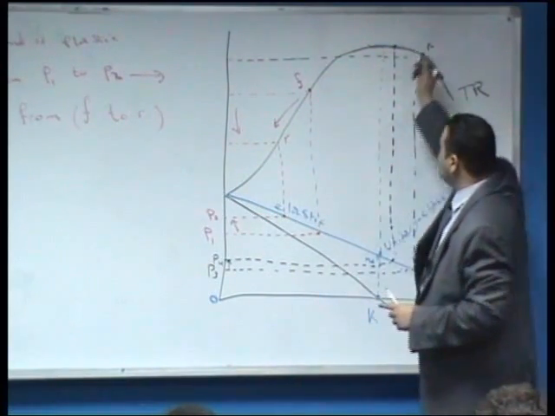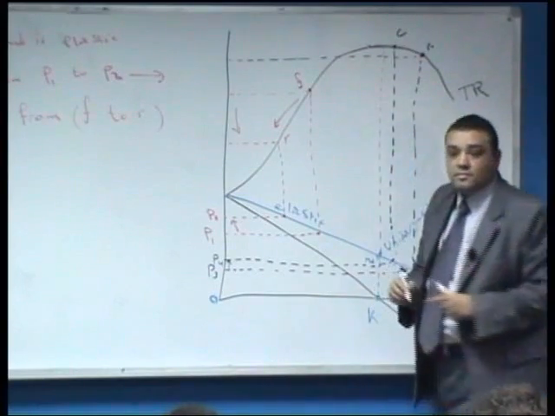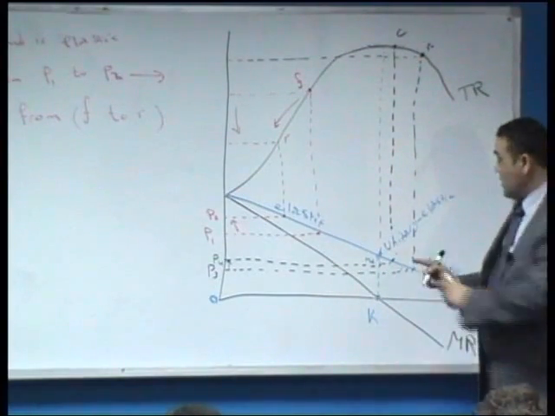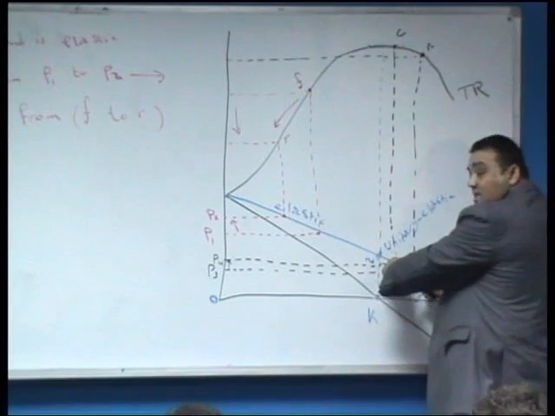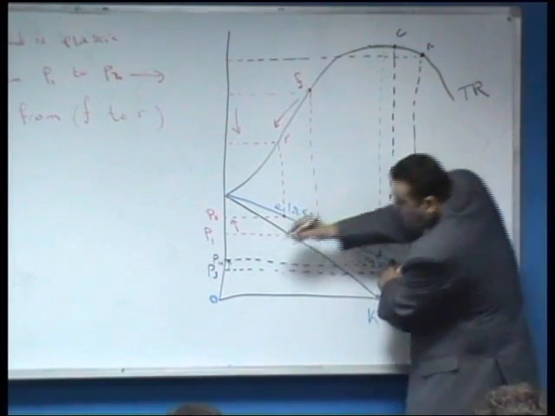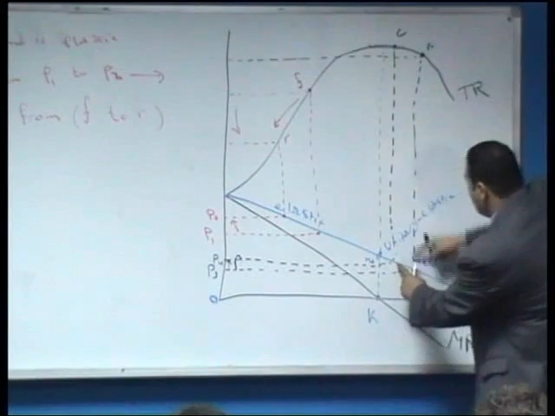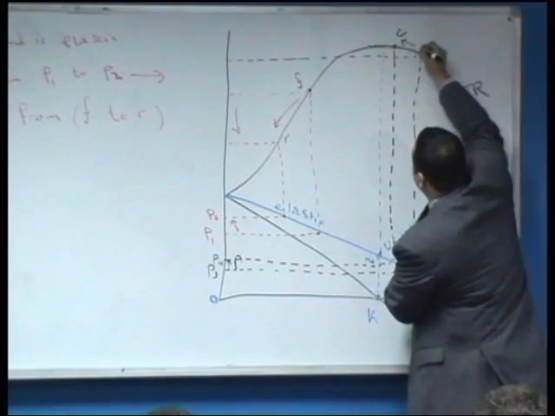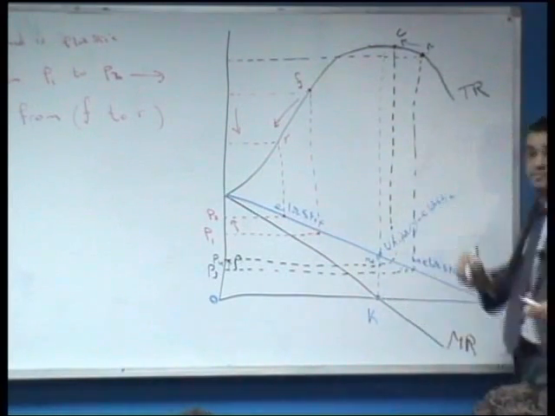N, A, B, C. So when the demand is inelastic, increasing the prices leads to an increase in total revenue from N to C, right?